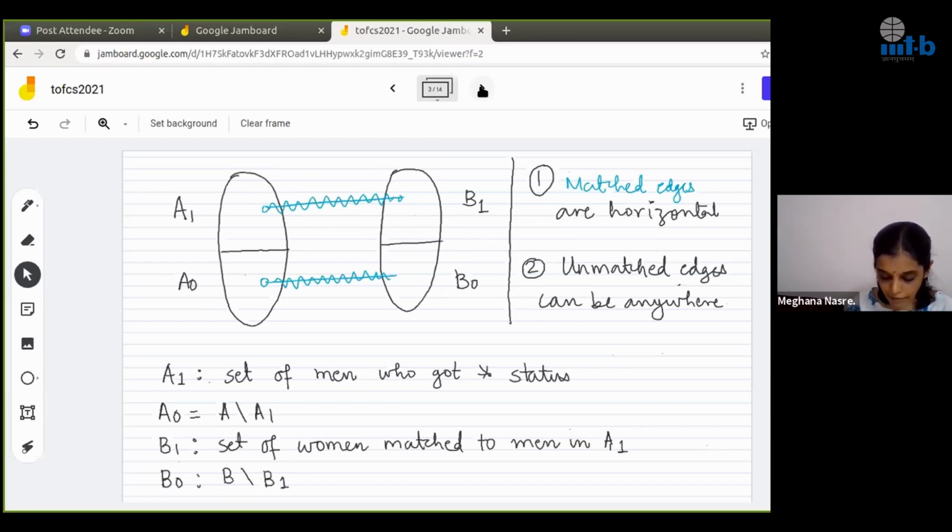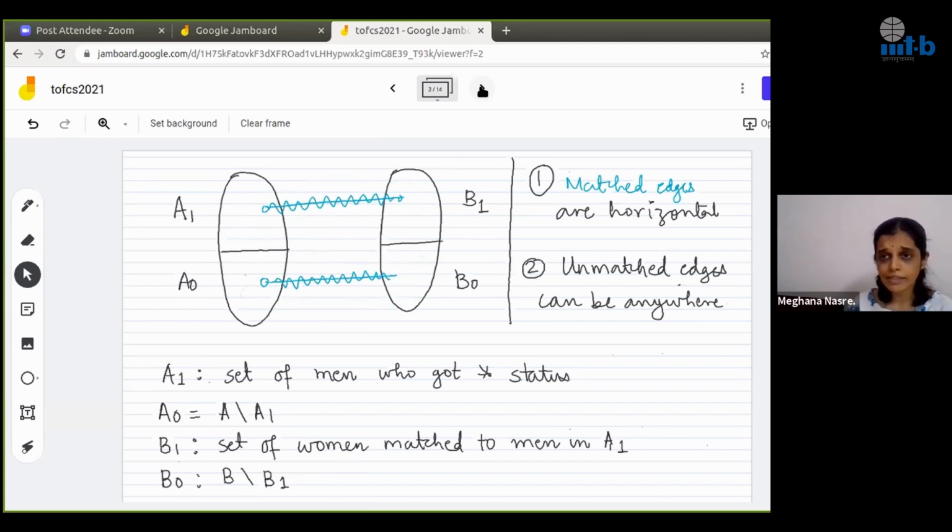So I have selected these edges to become horizontal by design, because I will never put a woman whose partner is in A0 in B1. That is how I have designed my sets B1 and B0. Therefore, by design, the matched edges are going to be horizontal. So the blue edges are always going to be matched edges for us.